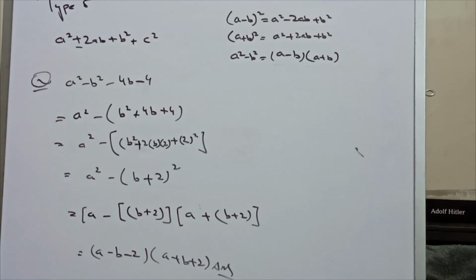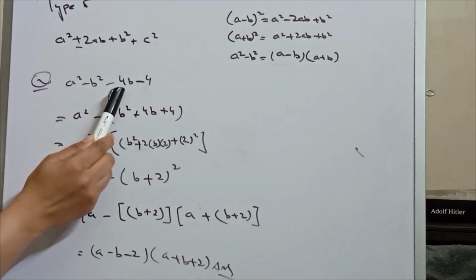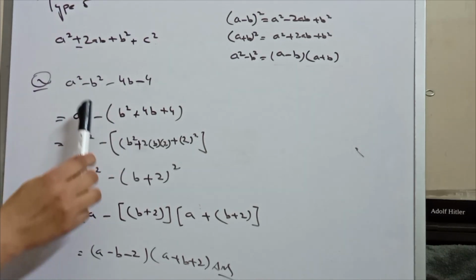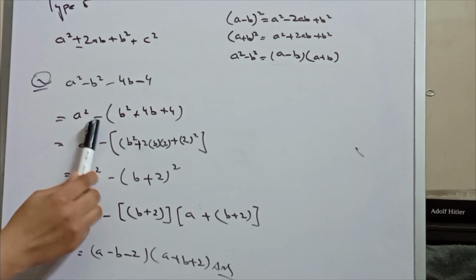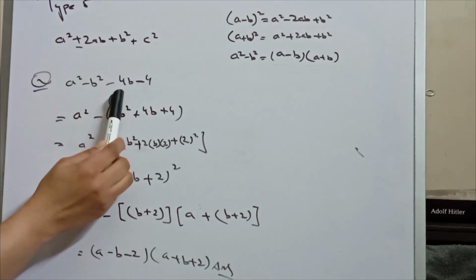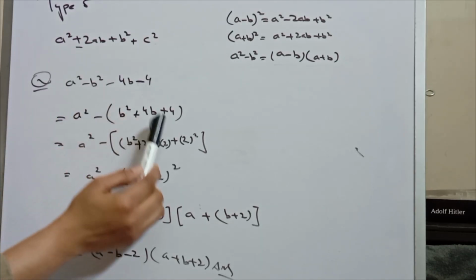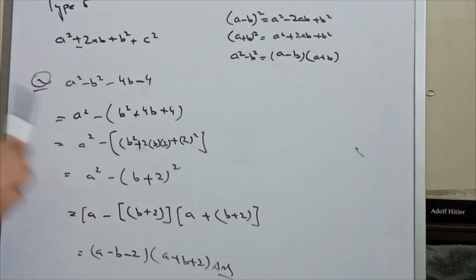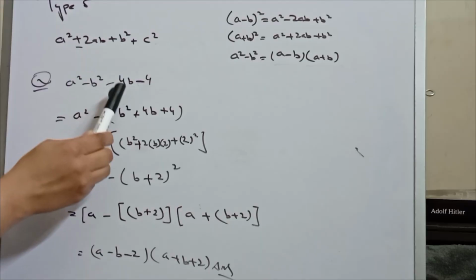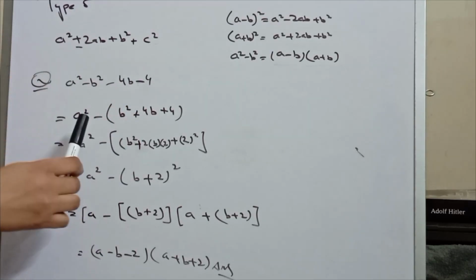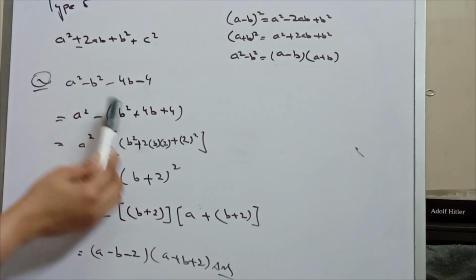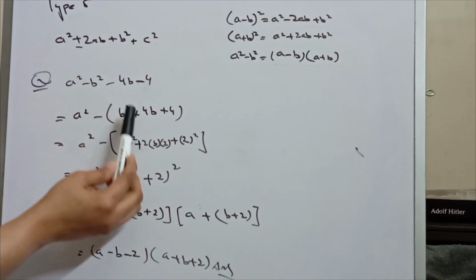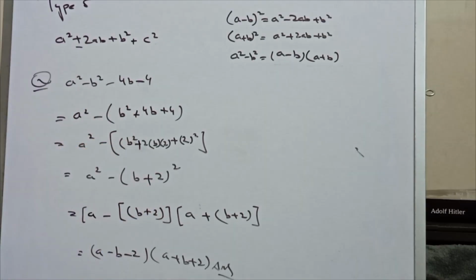So what do I do? I will just arrange it. A square minus b square minus 4b minus 4. I just take minus as a common: a square minus (b square plus 4b plus 4). Just look at what I have done. A square will remain the same. Minus b square minus 4b minus 4, so I take minus common here, and it becomes positive inside: b square plus 4b plus 4.